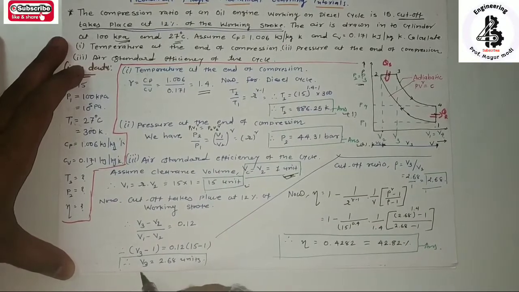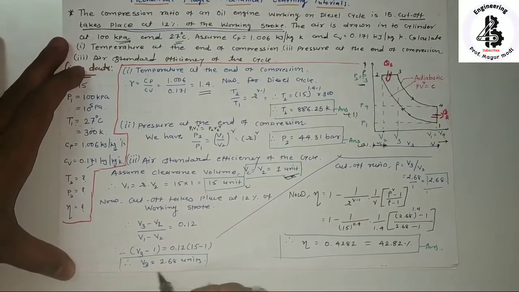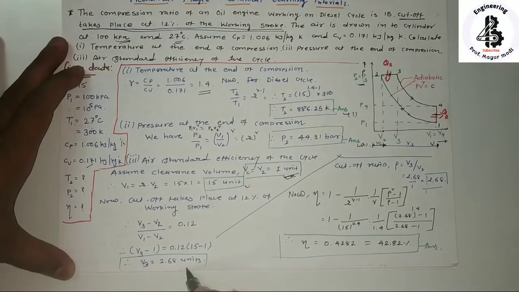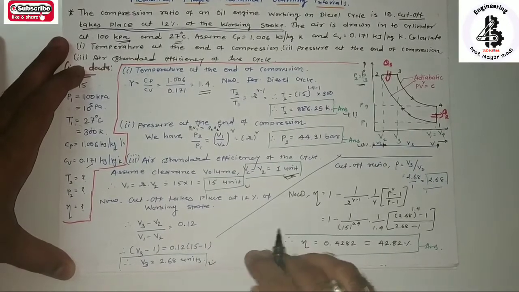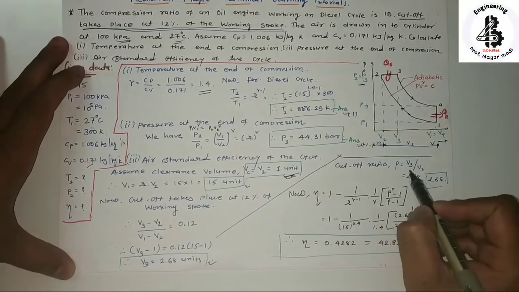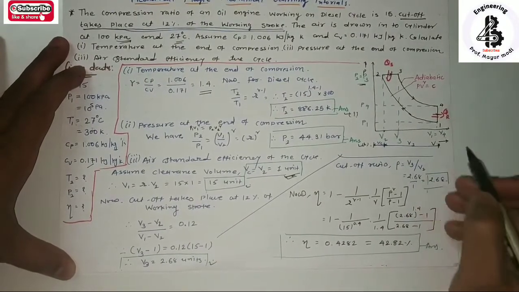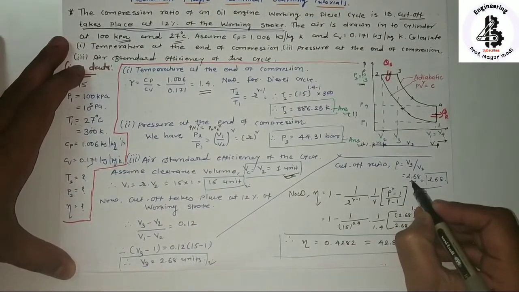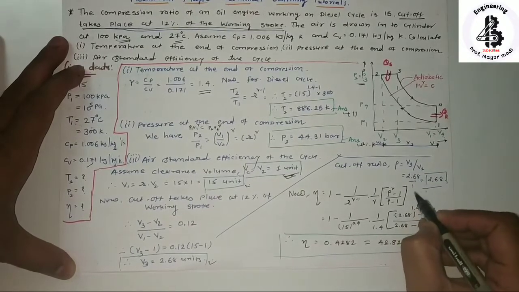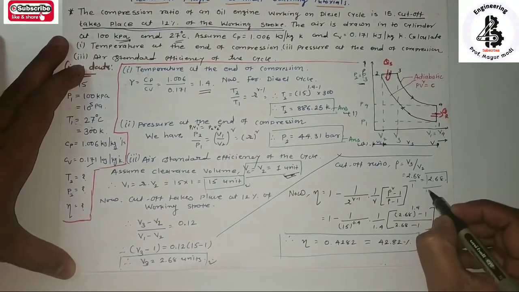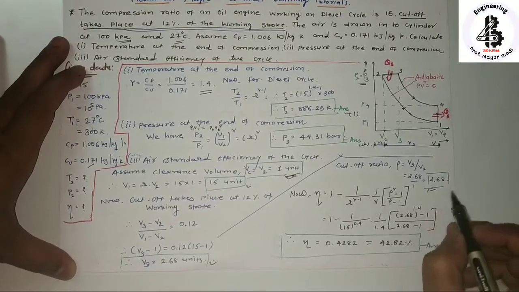So you will get V3 as 2.68 units. The cutoff ratio is equal to V3 upon V2 from the diagram. So 2.68 divided by 1, the cutoff ratio is 2.68.